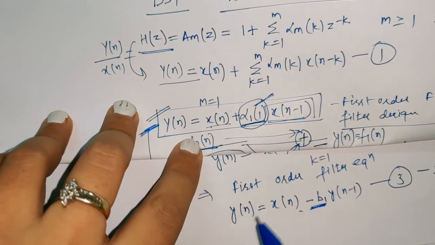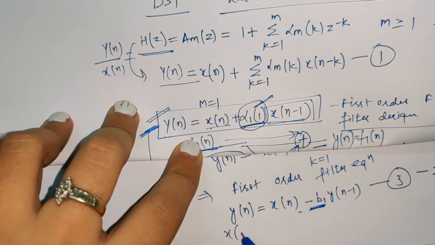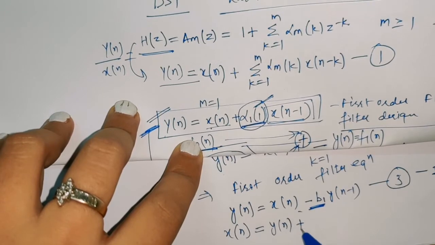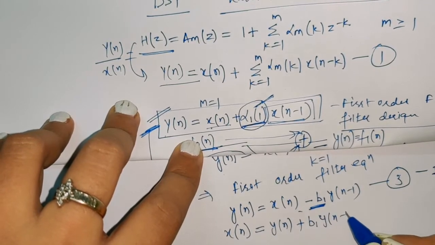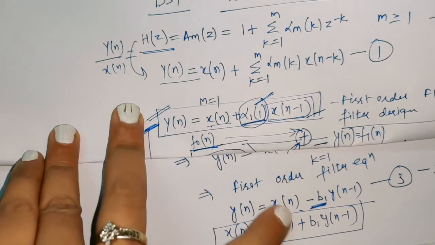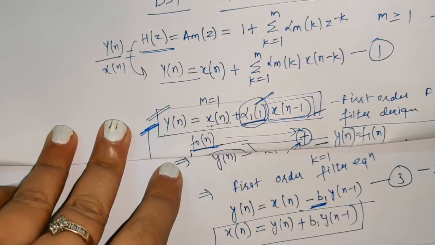How? Suppose for the simplification, I write this equation like this: xn equals yn plus b1 yn minus 1. Now compare this equation and this equation. Coefficients are same, only inputs and outputs are getting interchanged.